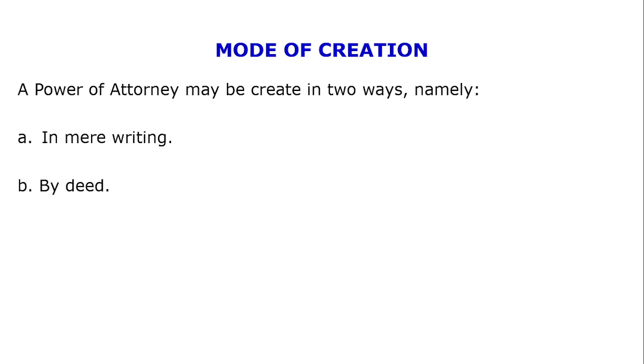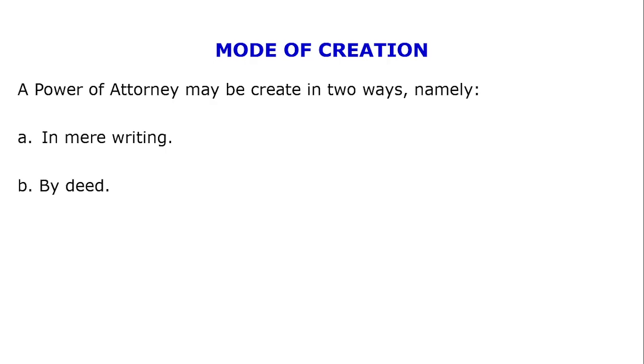Also, note that when a power of attorney has been created by deed, it goes to the root of how that power of attorney can be expressly revoked. A power of attorney made by deed cannot be revoked in mere writing. You have to use something higher to revoke that.